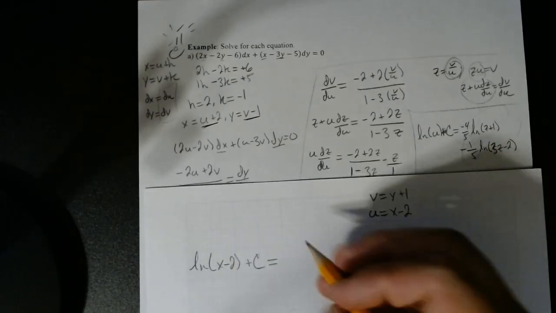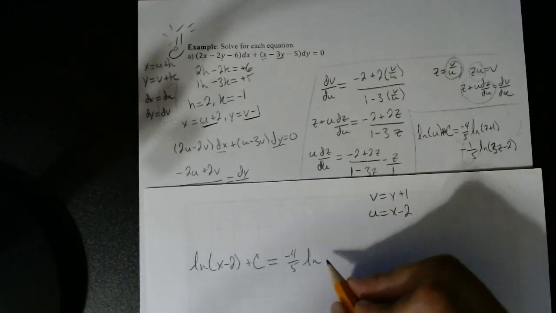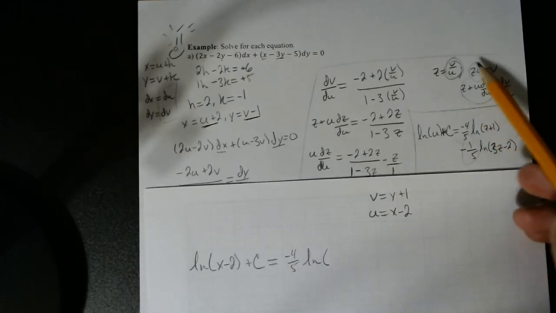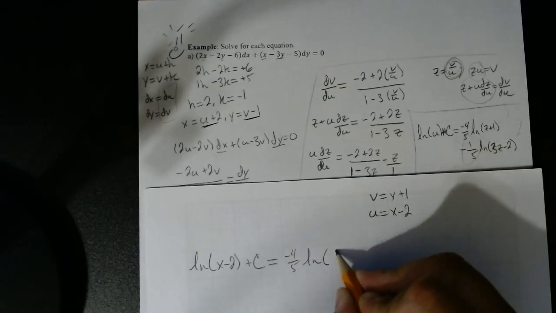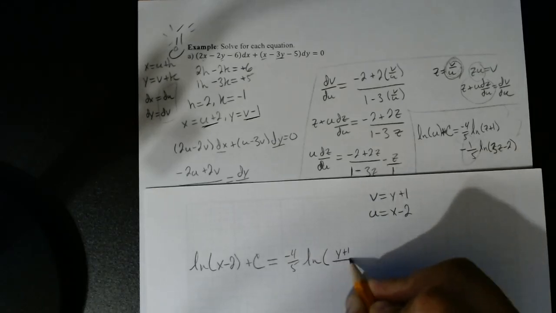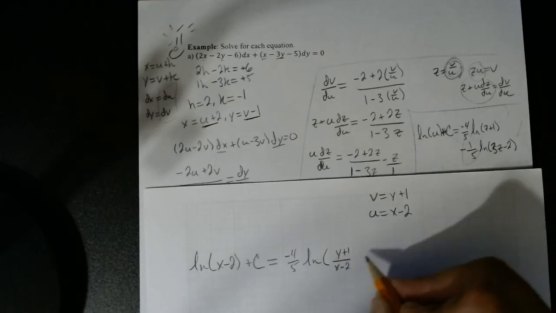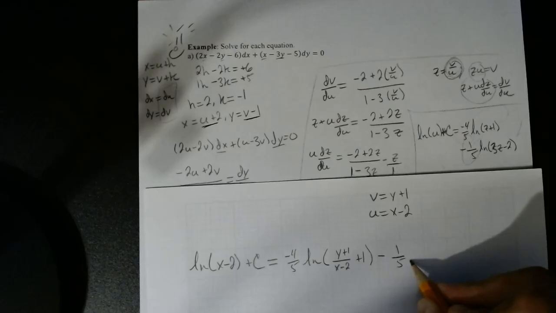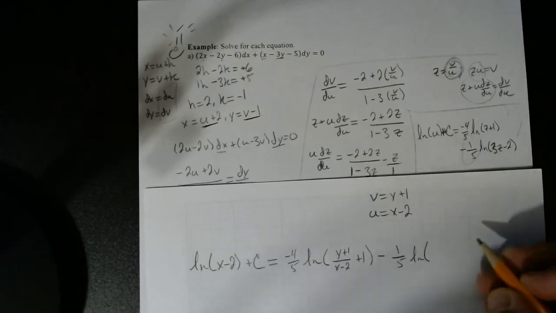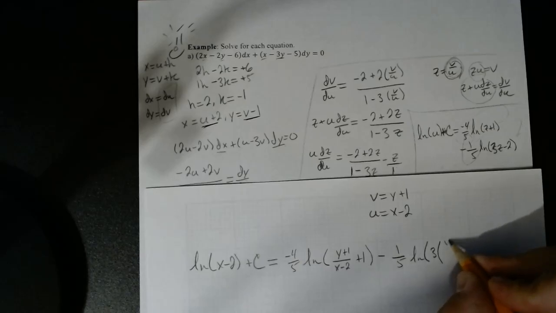is equal to, on that side, and again, instead of z is this fraction, and again 3 times this fraction.